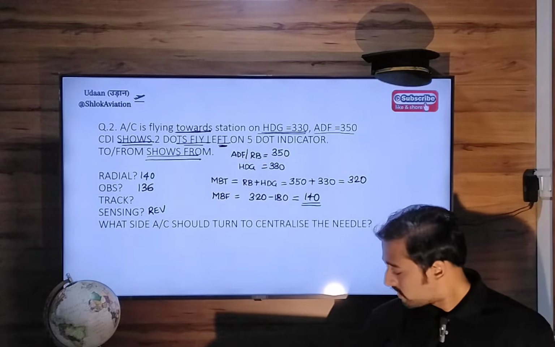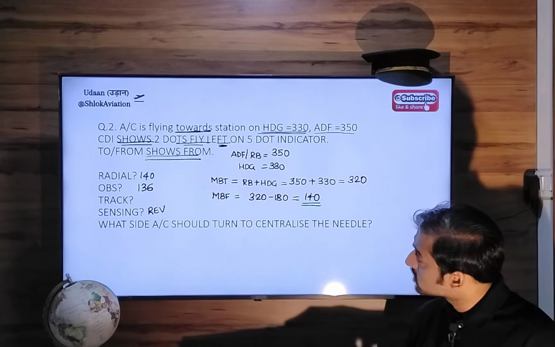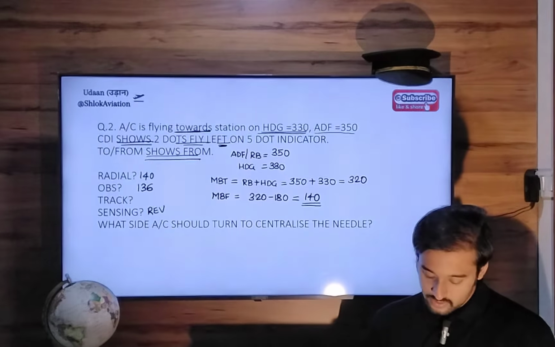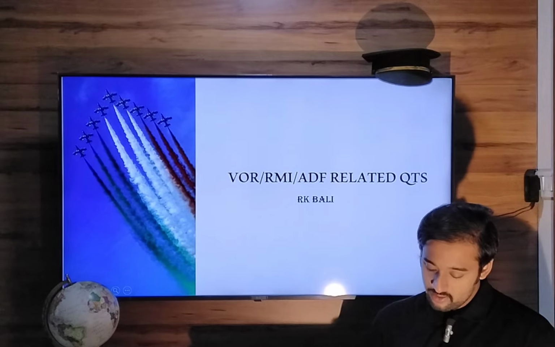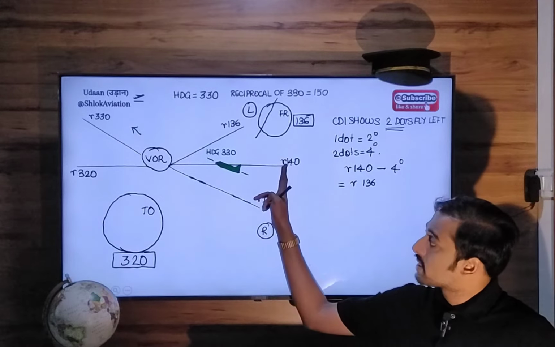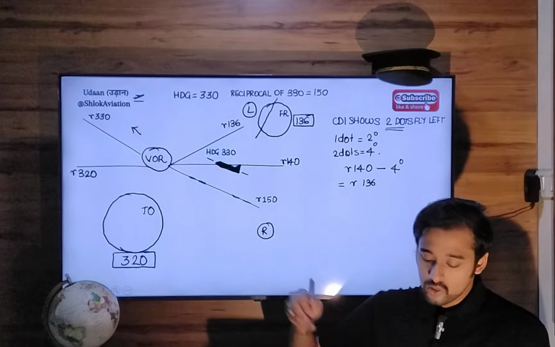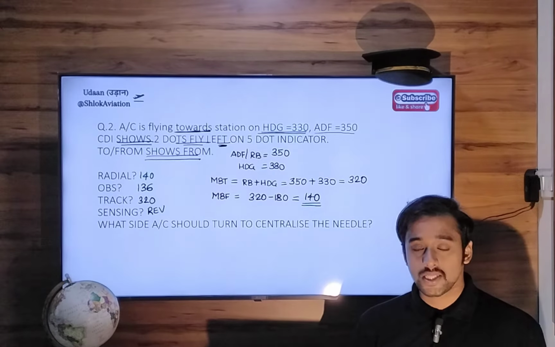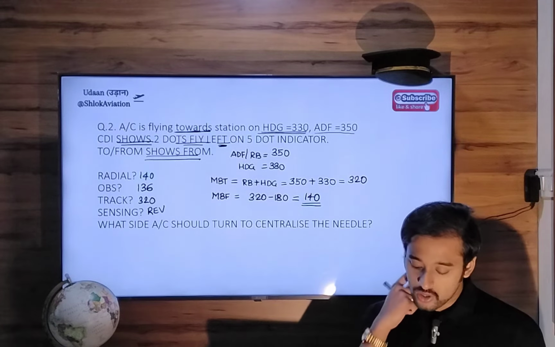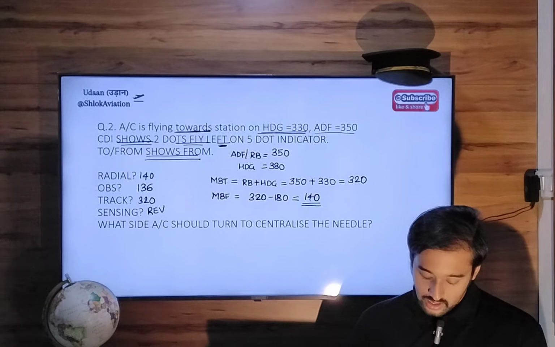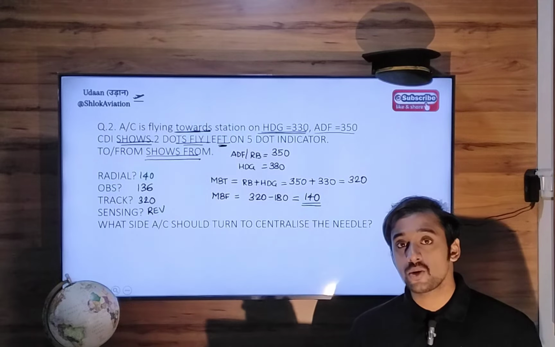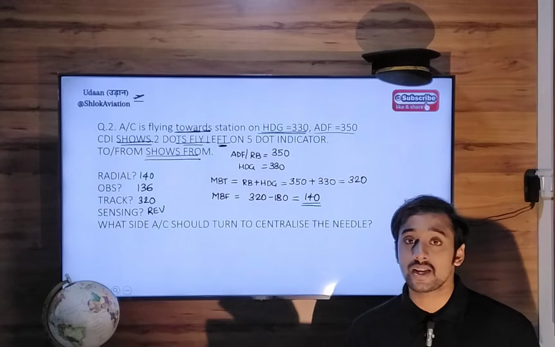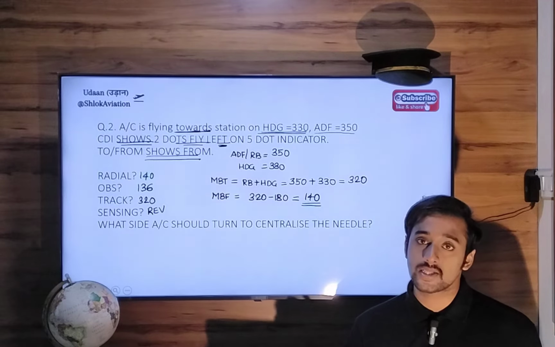The track is towards the station. We are on radial 140 and the track inbound is 320. The sensing is reverse sensing. What side should the aircraft turn to centralize the needle? In case of reverse sensing, you don't follow the needle; you do the opposite of what the needle says.